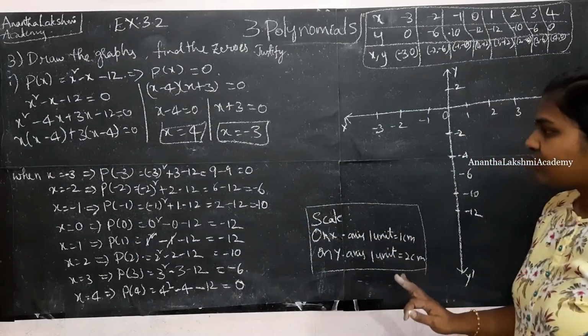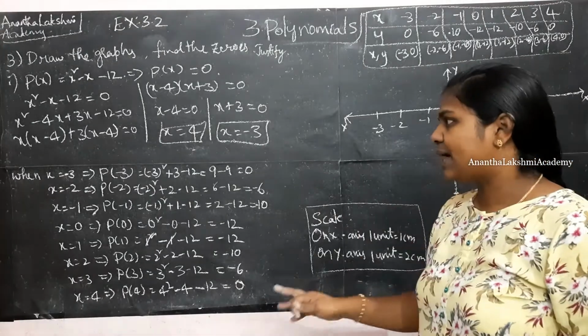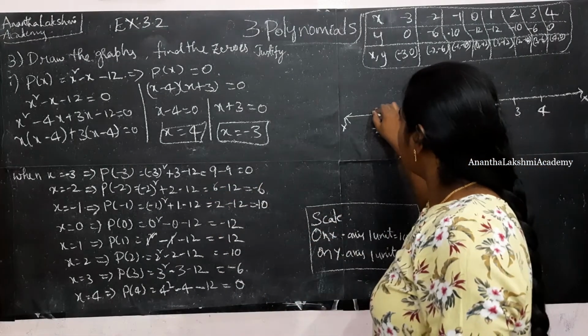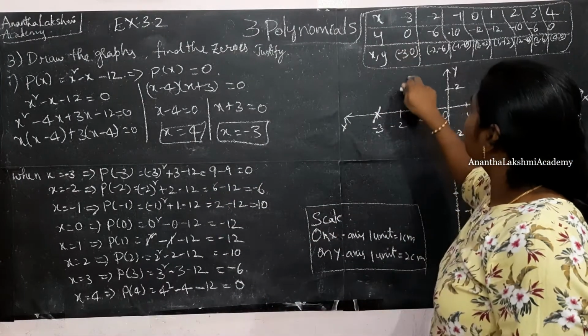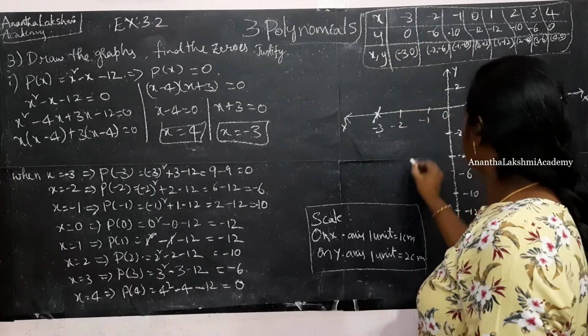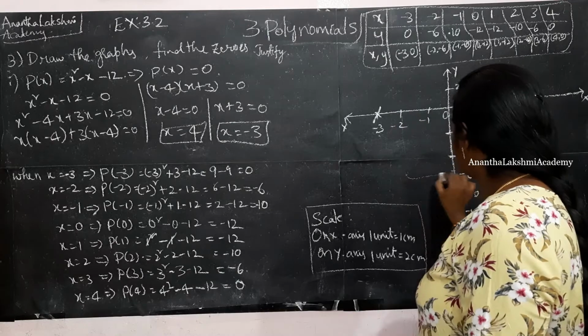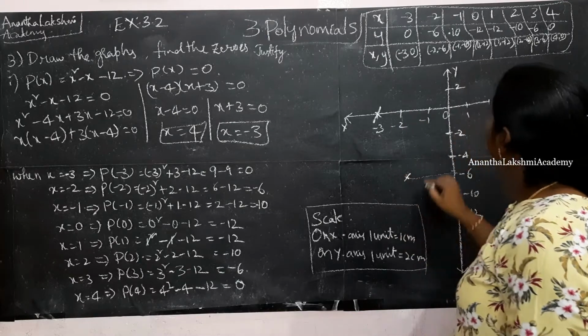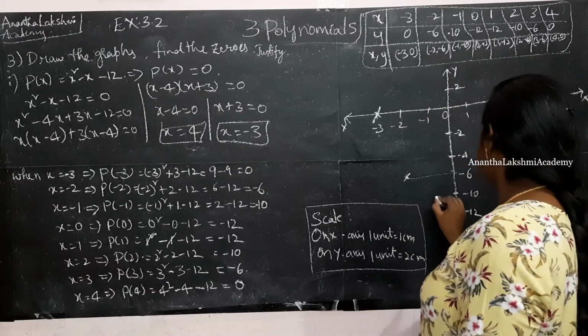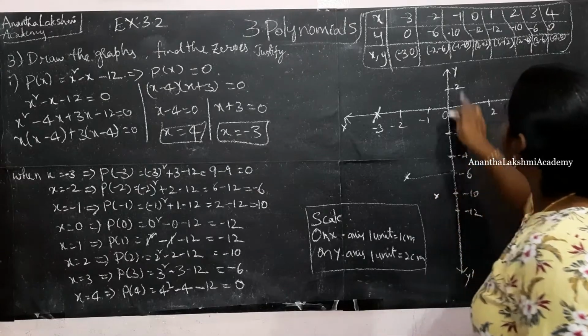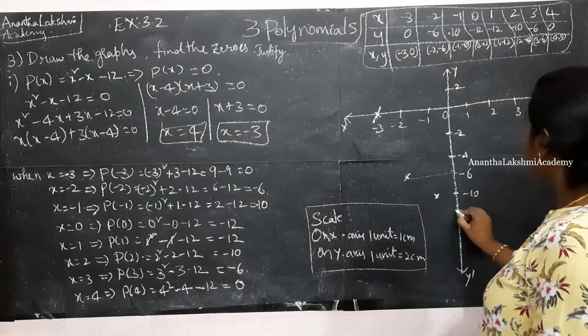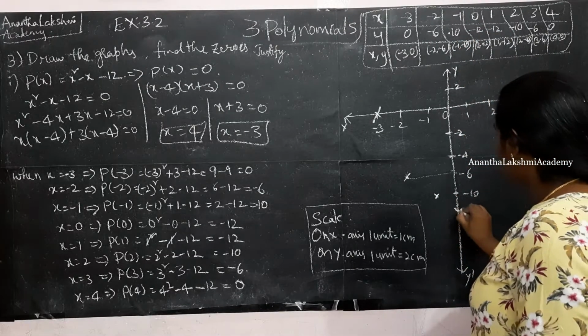All right. So, for the value of minus 3, we have y as 0. For minus 2, this is somewhere here, minus 2 and minus 6. This is here. For minus 1, this is minus 10. Alright. For 0, it is minus 12.